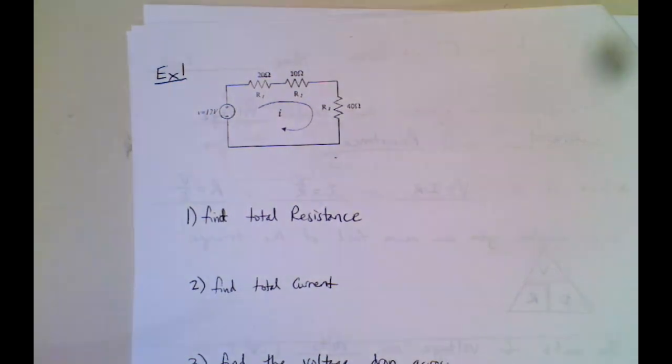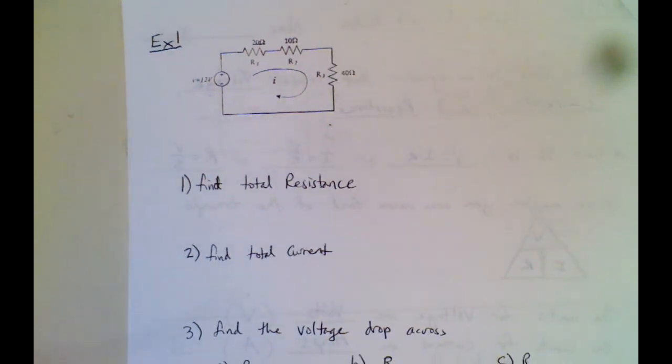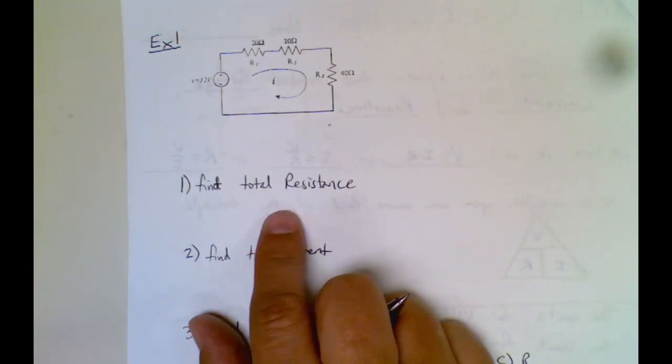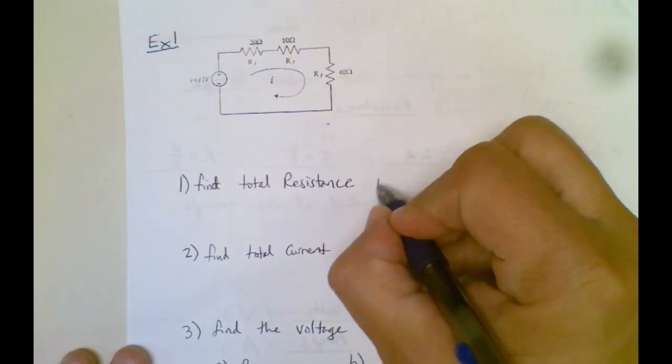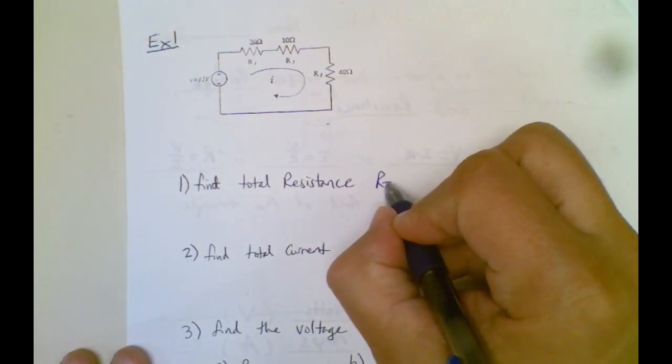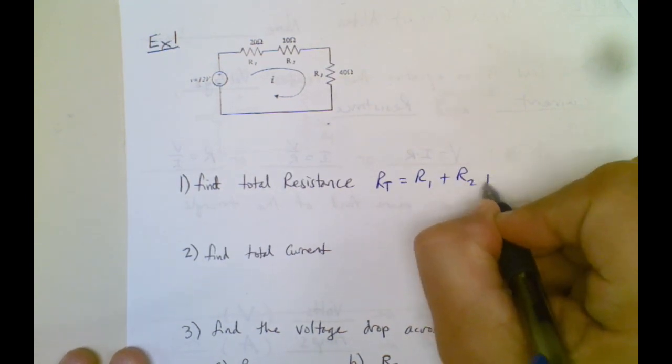All right, so our first thing is pretty easy. We're going to find the total resistance. If you remember from just like 20 seconds ago, we said that the total resistance for a series circuit is the sum of the individual parts. After this time, I won't write these out all the time, but it is worth looking at once.